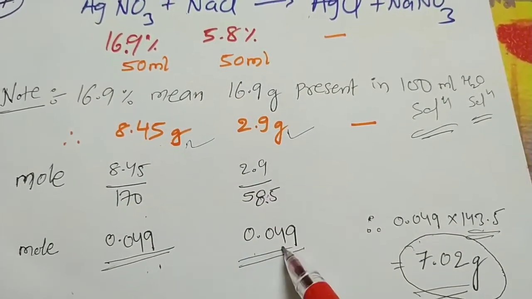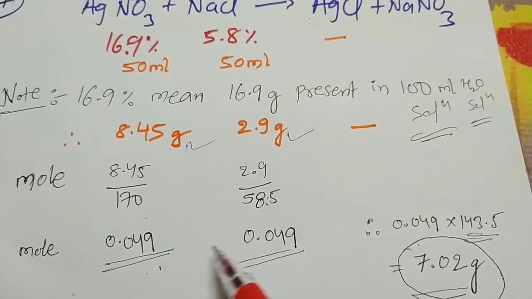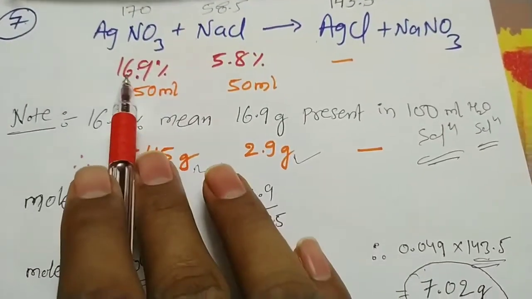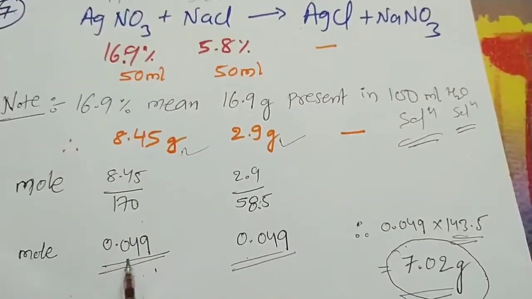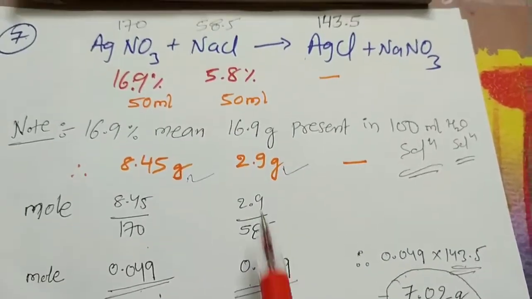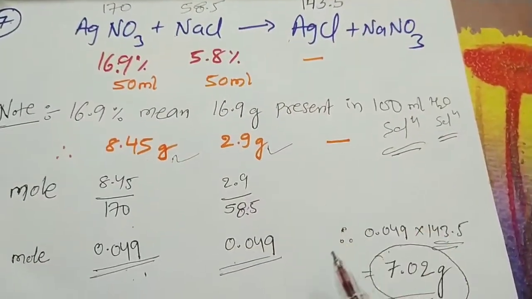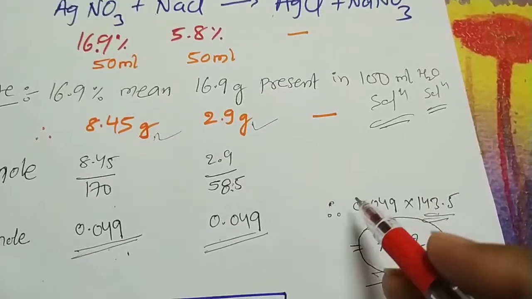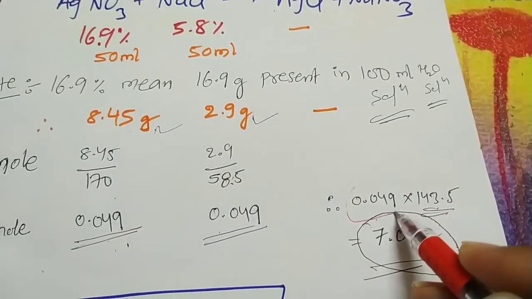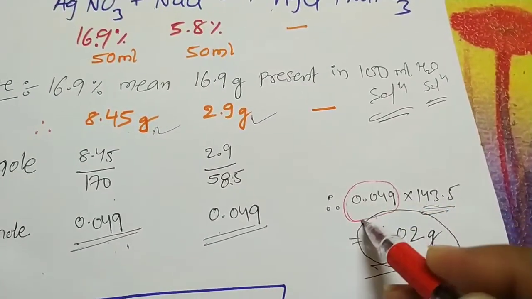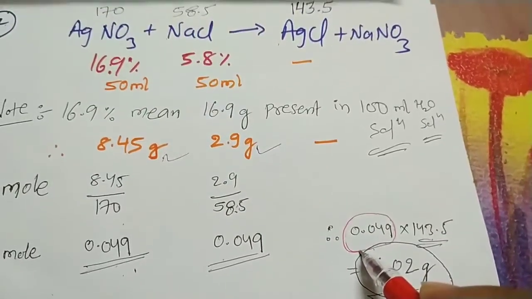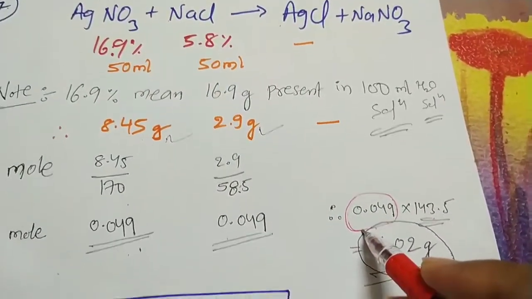Once we are getting these moles, here 1 mole reacts with 1 mole, here also same number of moles are there, then forming 1 mole. So here also forming same number of moles, that is 0.049. Now it is asking how much AgCl is forming.